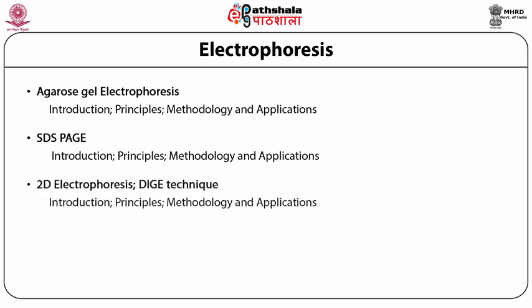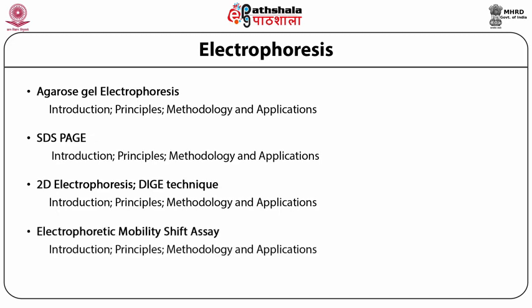Third, two-dimensional electrophoresis along with the DIGE technique. Here we would be understanding it from the perspective of introduction, principles, methodology, and applications. And finally, fourth, the electrophoretic mobility shift assay, and we will be learning in detail its introduction, principles, methodology, and applications.